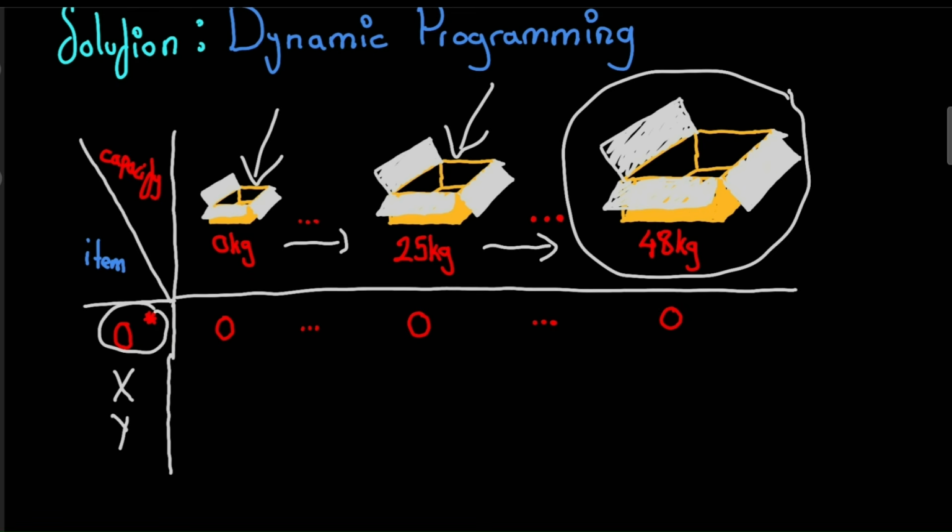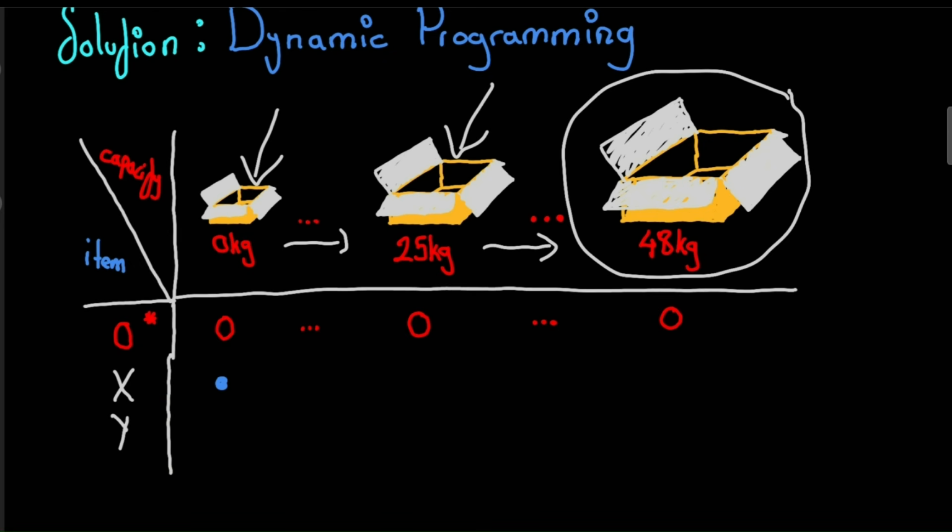If we pick no items, we won't get any value, no matter what the current capacity is, right? So that's why we fill this row with all zeros. So, if we have two real items, X and Y, then there will be 3 rows in total with the 0 item row. And each cell in the table tells us the best profit we can achieve with that many items and that much capacity.